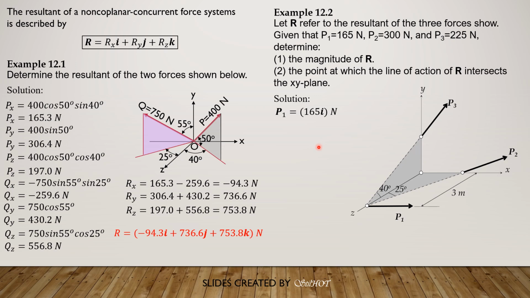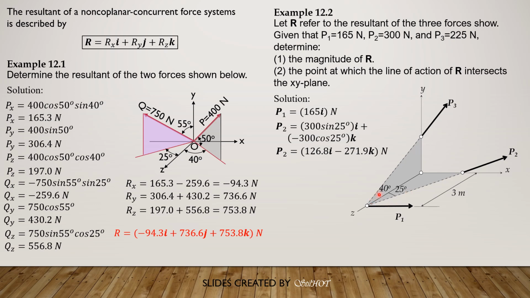X is positive, z is negative. So P2 in vector form is 300 sine of 25 i, that's P2x, then negative 300 cosine 25 k. So P2 is 126.8i minus 271.9k.